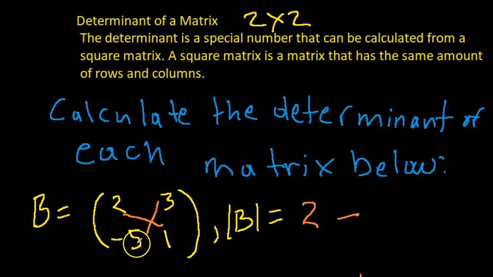Whenever you're multiplying two numbers, remember, once the signs are different, the result is negative. So 3 times minus 5, that's negative 15. Alright. So again, 1 times 2, which is 2. Take away, and then you multiply these two numbers, you get negative 15. So a double negative will give you 2 plus 15. So the determinant is 17.